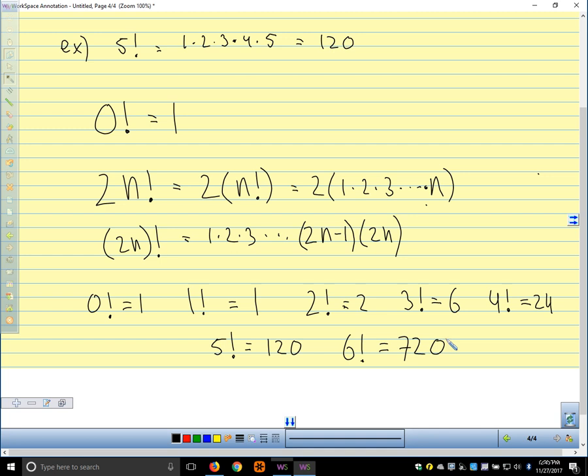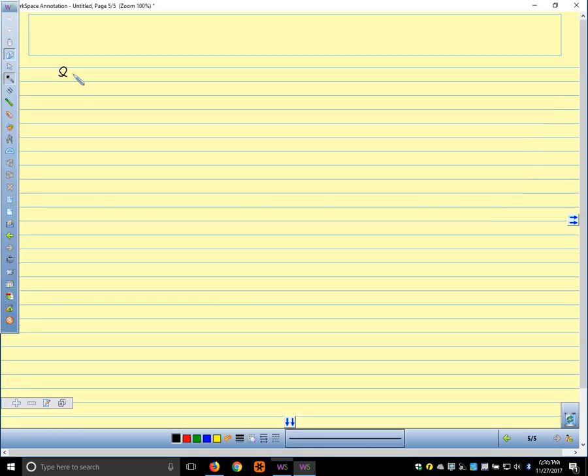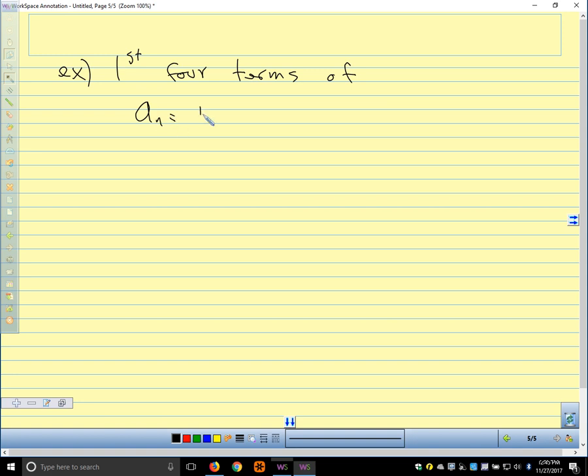So let's look at a couple of examples using factorial notation. We want the first 4 terms of a sub n equals n squared over n factorial.